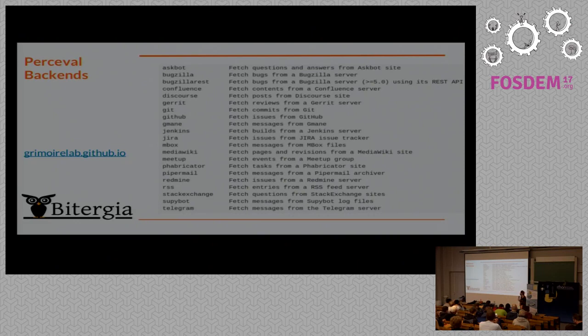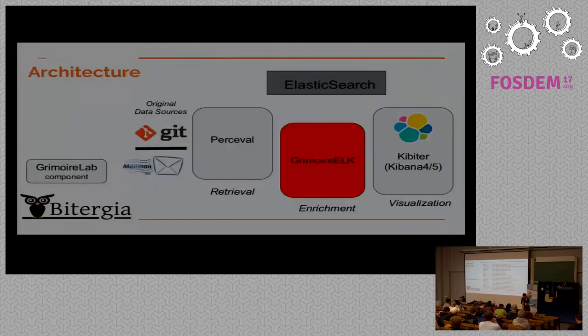Percival has a pluggable structure where it's very easy to incorporate that, even if you don't want to contribute upstream. But of course, we are more than happy to get your contribution if you want to produce a new backend for something. For instance, I have a backend for GitLab, which is still not here, but it took me like, I don't know, 2 afternoons to write.